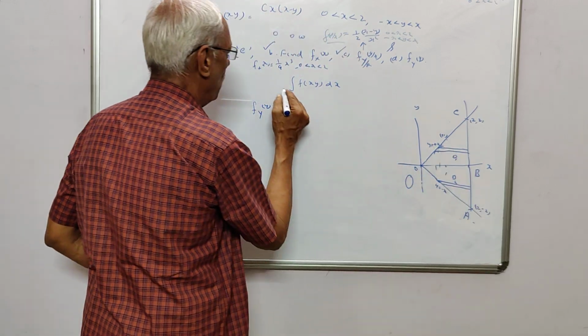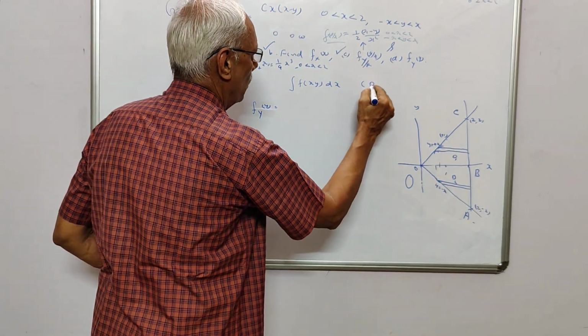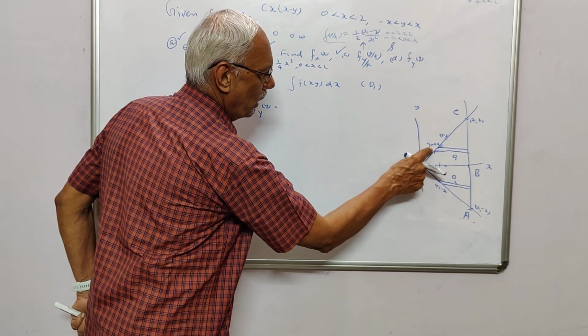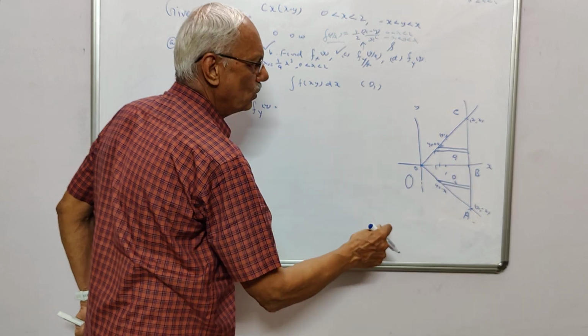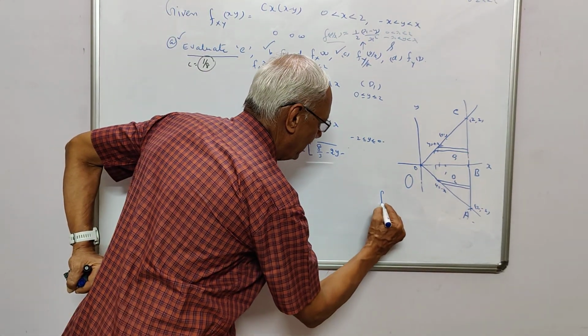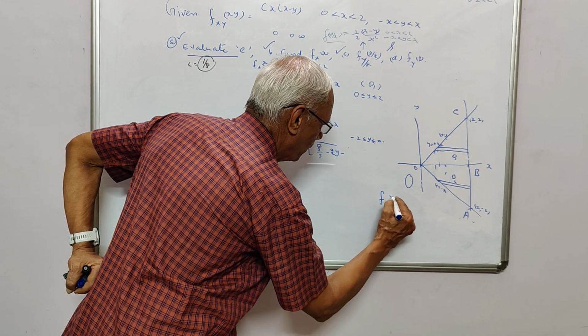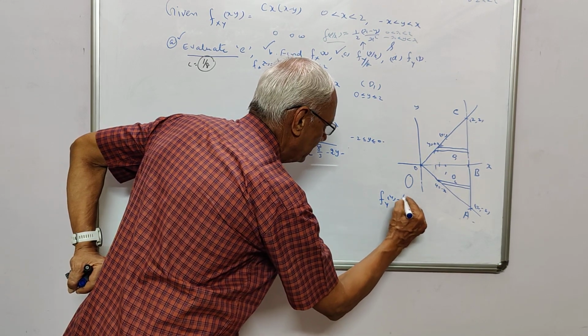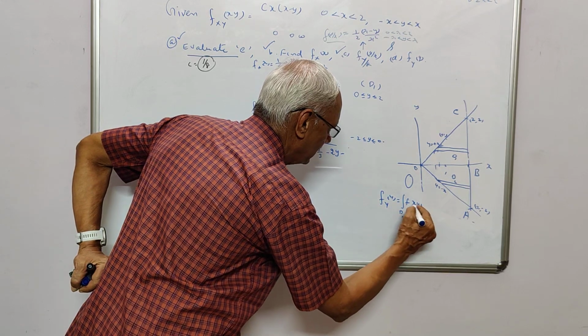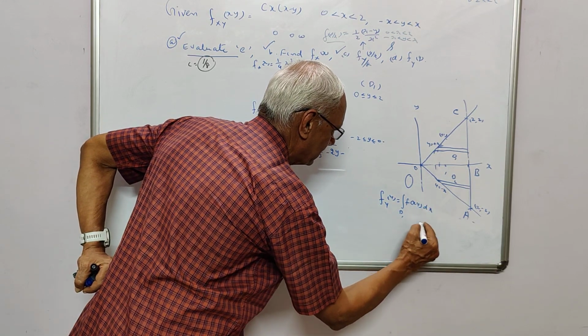So let me call this your d1. What is happening in d1? X is taking the value from y up to 2. So I will write here: f_Y(y) is the integral over d1 of f(x, y) dx.